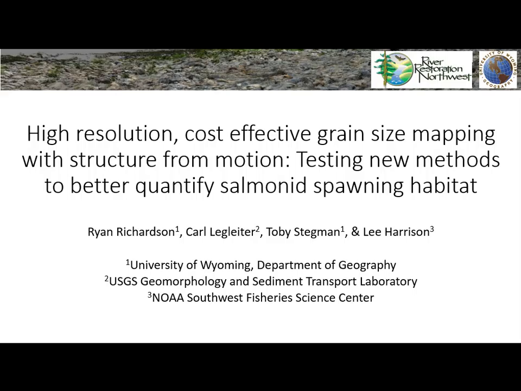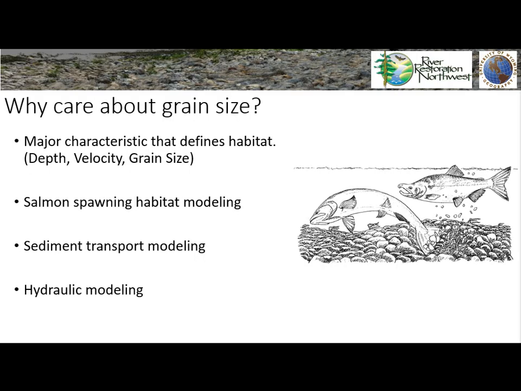First and foremost, we need to answer the question of why do we care about grain size? Obviously, grain size is a major characteristic that defines habitat along with depth and velocity. These are some of the major characteristics that help us define what type of habitat we see in the natural environment in river settings, as well as the fact that this is highly important information for us to gather in order to quantify and model salmon spawning habitat.